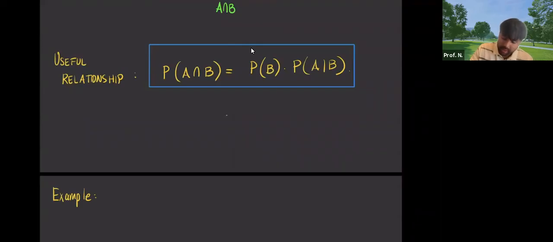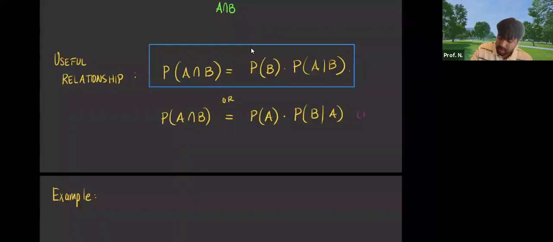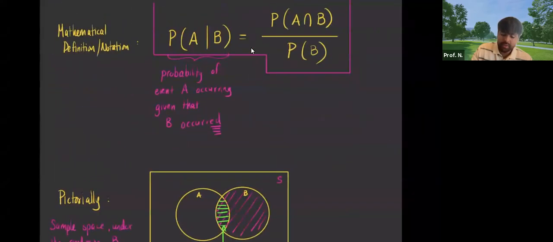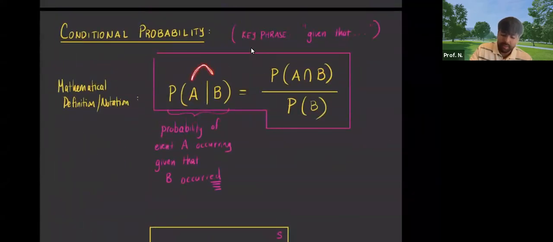And you can also write it this way: the probability of A intersect B, you could also do it the other way, the probability of A times the probability of B given A. And you can check that yourself. The letters A and B are used interchangeably as long as you're consistent with it. So if I change this to B and this to A, this will be B and A.